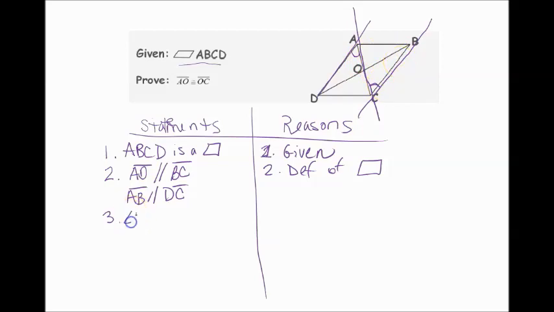So I'm going to say that angle DAC is congruent to angle BCA, and the reason is alternate interior angles theorem, because I already proved those lines to be parallel.